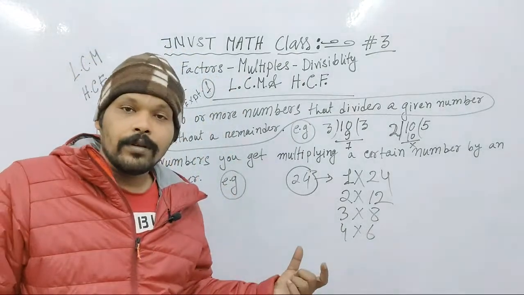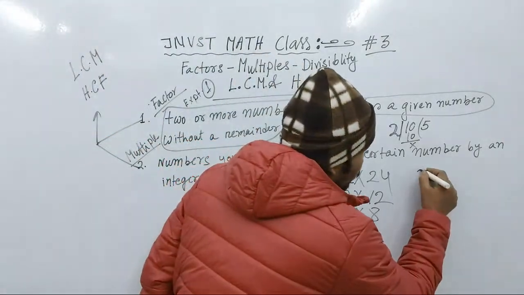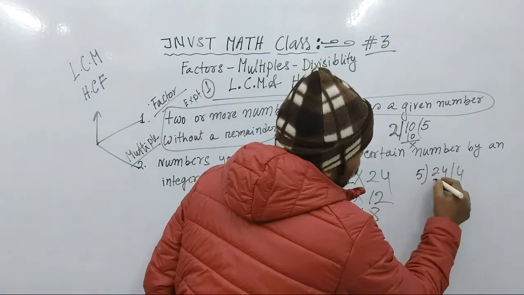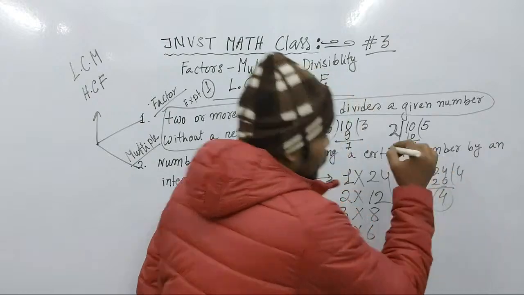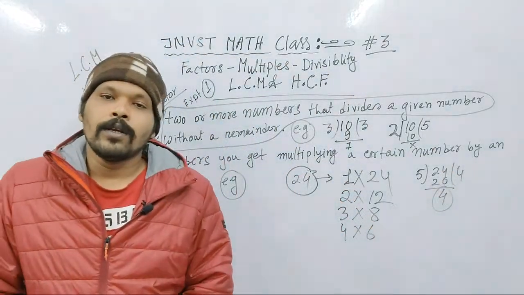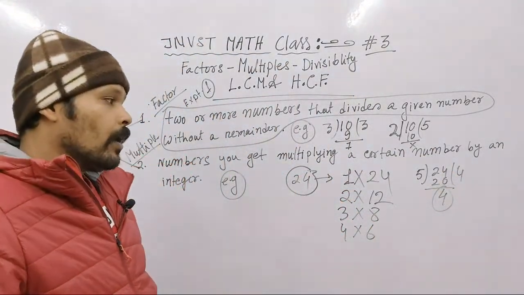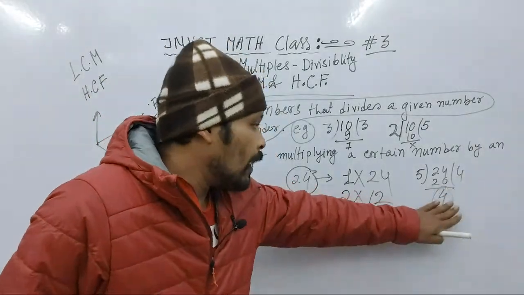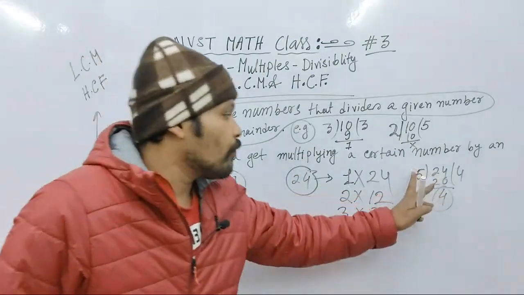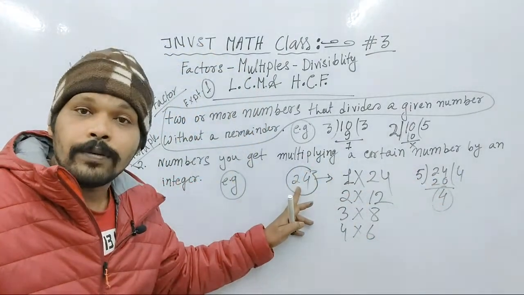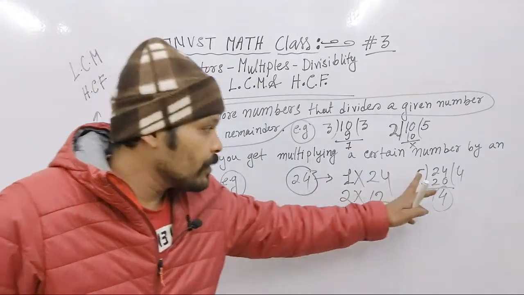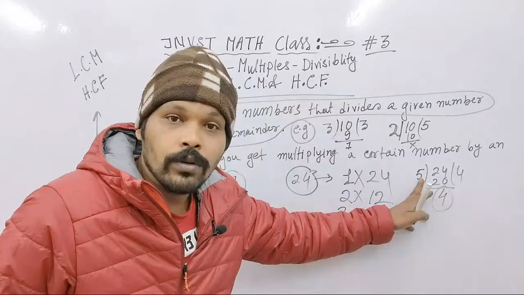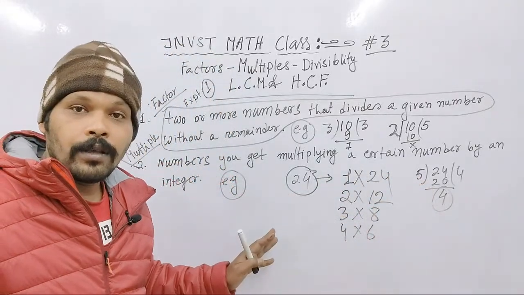Now the question is, by 5 we have to divide 24. 5 fours are 20, then 4 is the remainder here. So is 5 a factor of 24? Yes or no? Answer me.